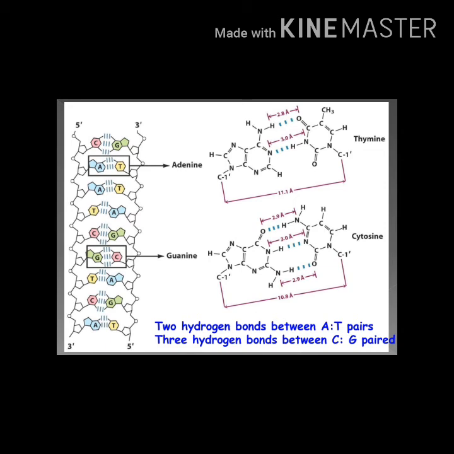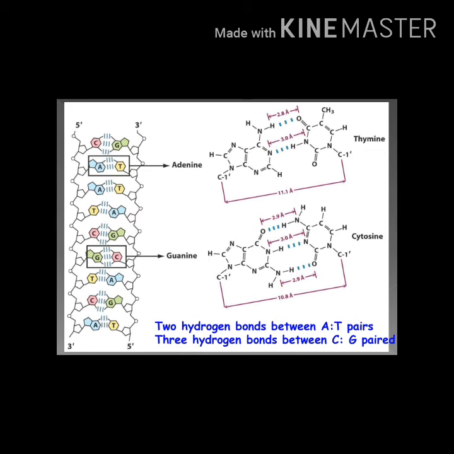And the third one is between nitrogen, hydrogen, and oxygen with 2.9 Armstrong bond length. So again, the overall length of guanine to cytosine is 10.8 Armstrong distance.